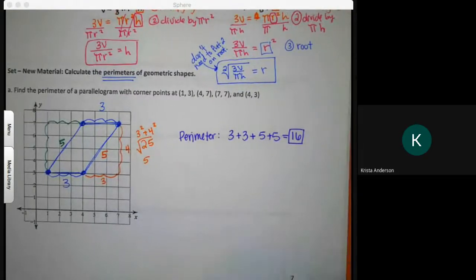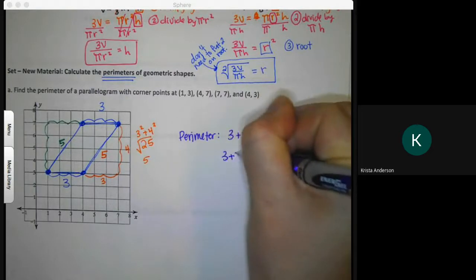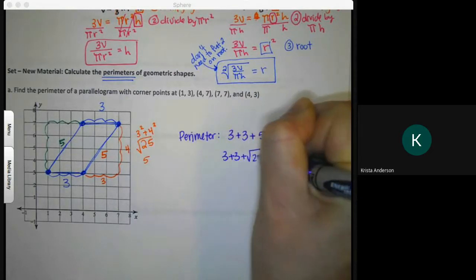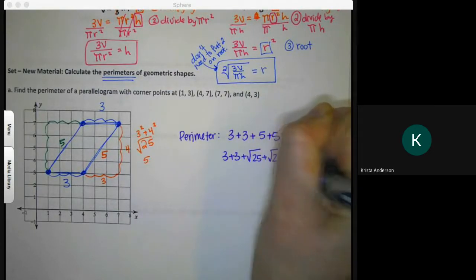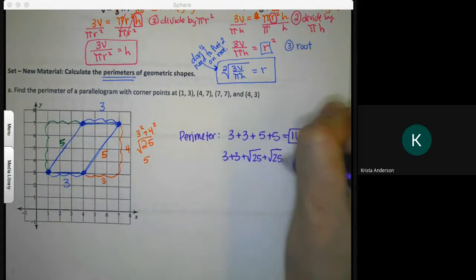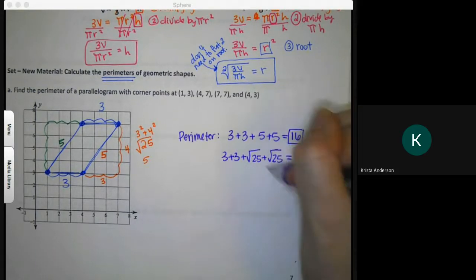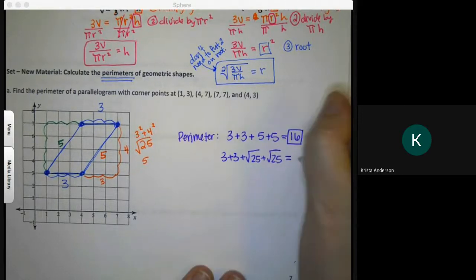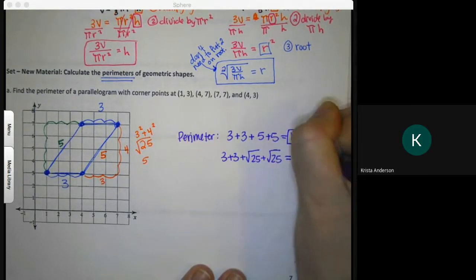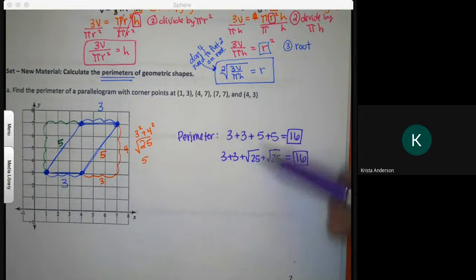Now, if I typed this into my calculator, because I didn't know that it simplified, would I get the same thing? Yeah. You would get the exact same thing. You wouldn't make a mistake. The calculator would simplify this to a 5 for you and give you a 16 still. So you can enter it either way.